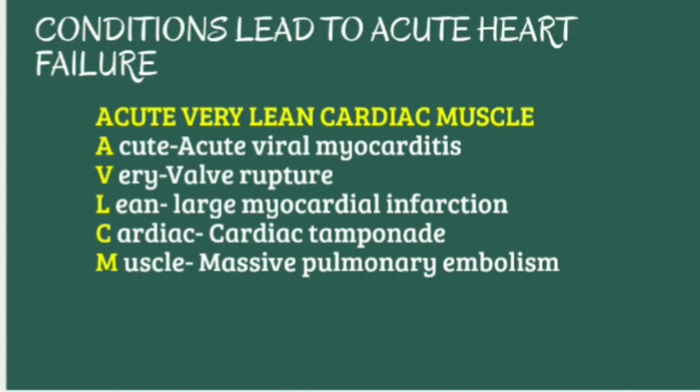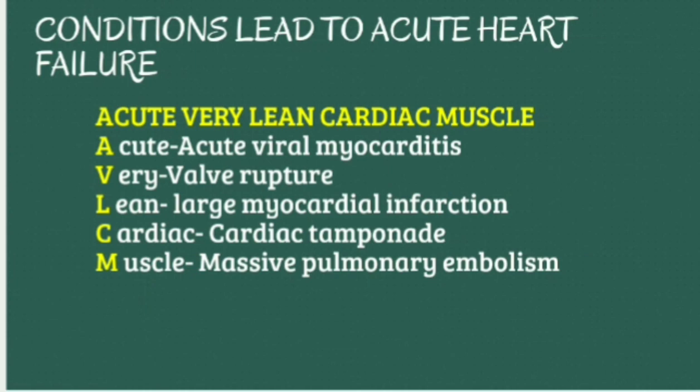M stands for massive pulmonary embolism. Pulmonary embolism is a blockage in one of the pulmonary arteries in your lungs. In most cases, pulmonary embolism is caused by blood clots that travel to the lung from deep veins in the leg, or rarely from the veins in other parts of the body, also known as deep vein thrombosis.